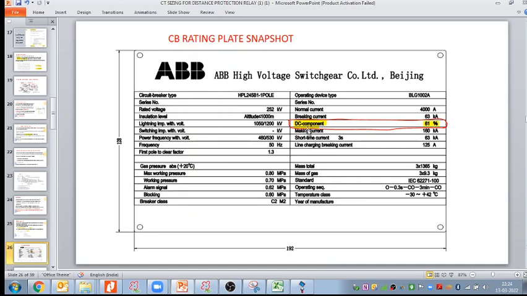On that there is a DC component breaking capacity of 61 percent. That 61 percent DC the breaker can break, and 61 percent is fine because a circuit breaker has an opening time of 40 milliseconds. So when the fault happens, after 2 or 3 cycles the circuit breaker is going to operate. So 61% is also acceptable.